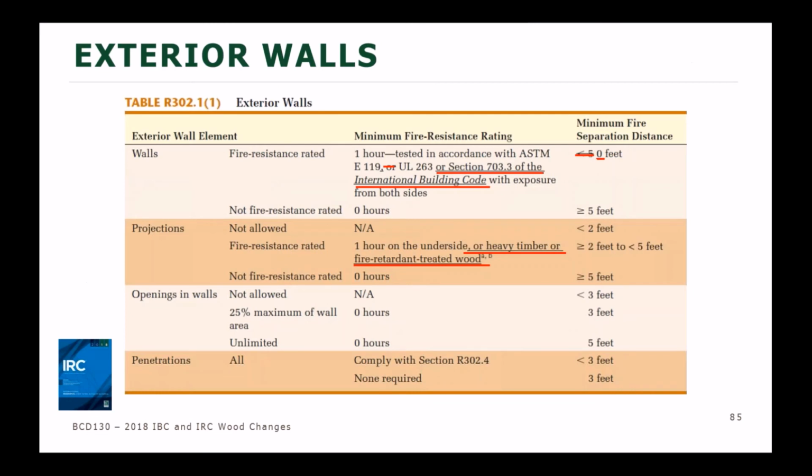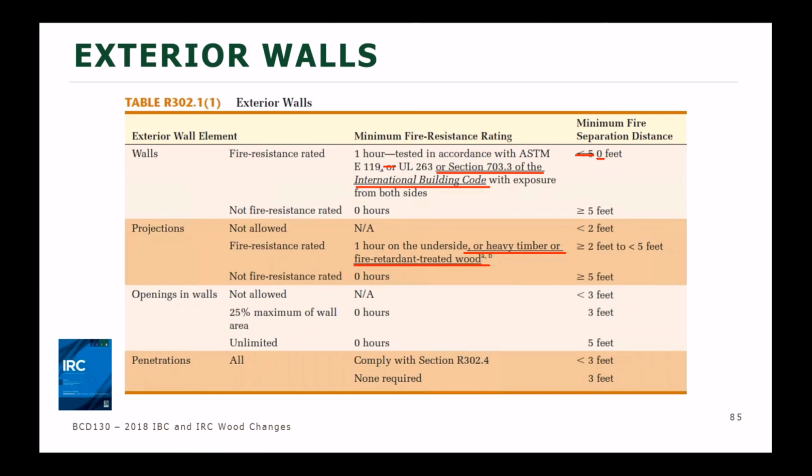So what we have within the IRC is a statement that you're going to protect the exterior walls if the building is from 0 feet from the lot line up to 5 feet. Once you reach 5 feet, you don't need to protect the exterior walls.